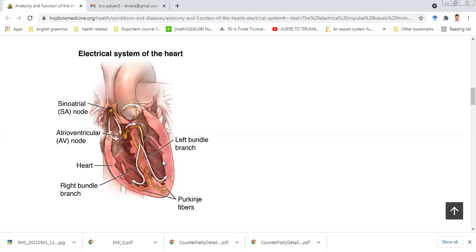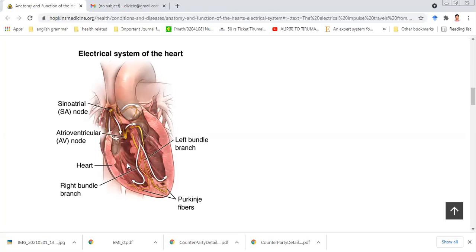travel to the ventricles. Because of those electrical pulses only, the heart chambers, whether ventricles or atria, contract and release, expand and shrink.